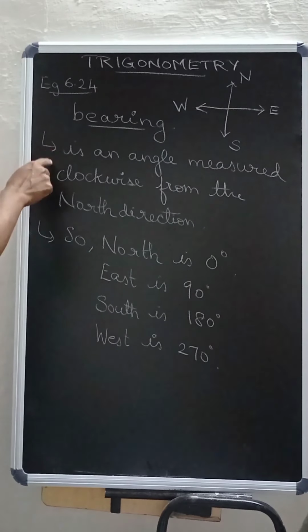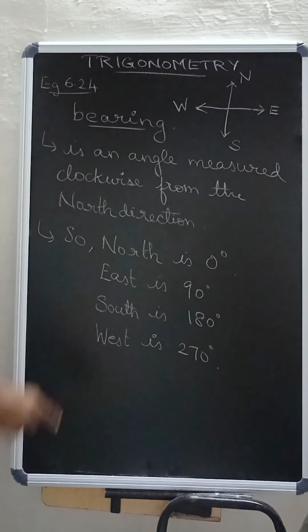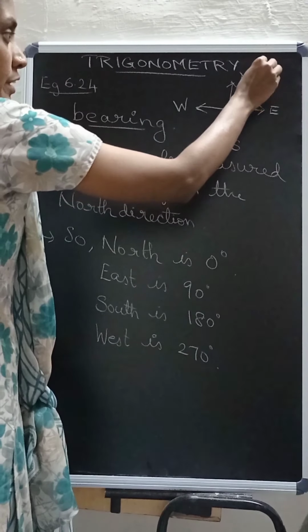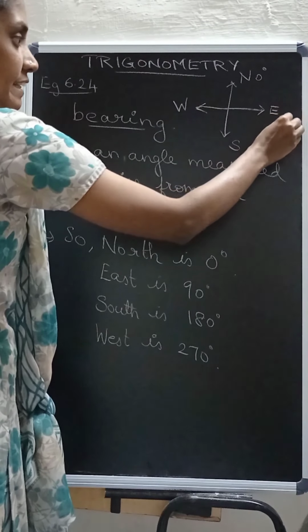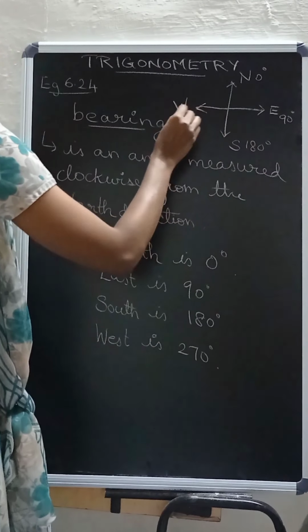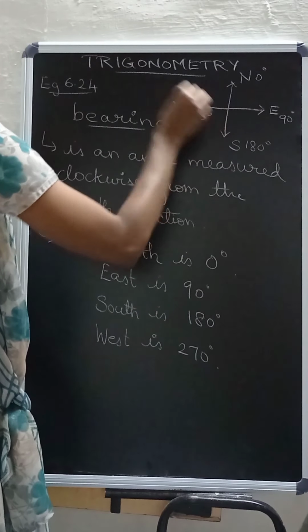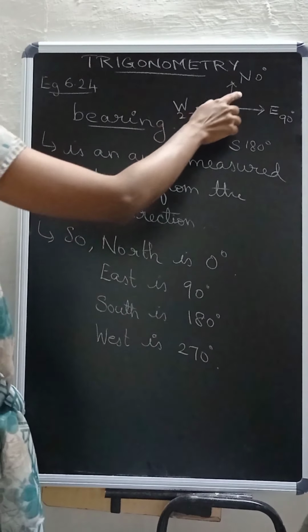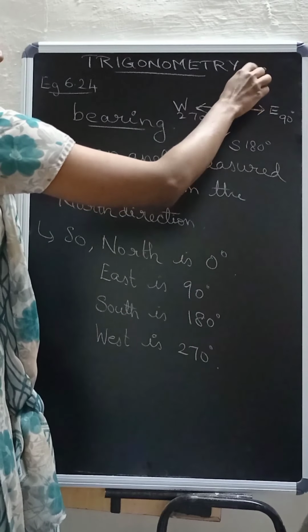A bearing is an angle measured clockwise from the north direction. So, north is 0 degrees, east is 90 degrees, south is 180 degrees and west is 270 degrees. So, we need to take the measurements according to this.